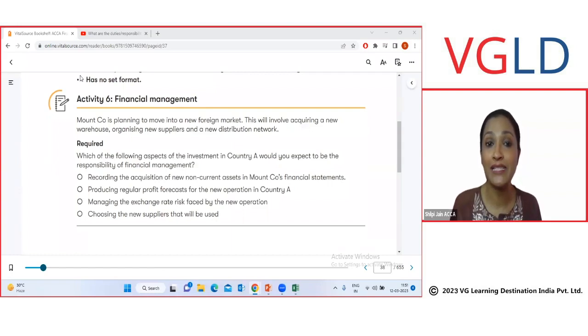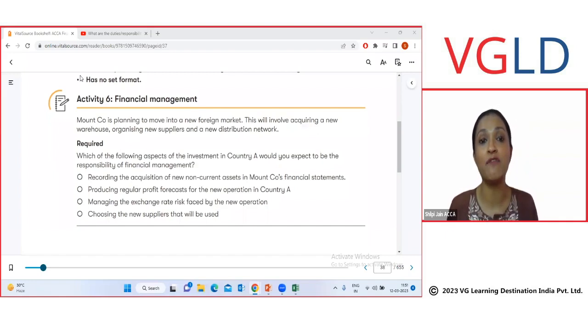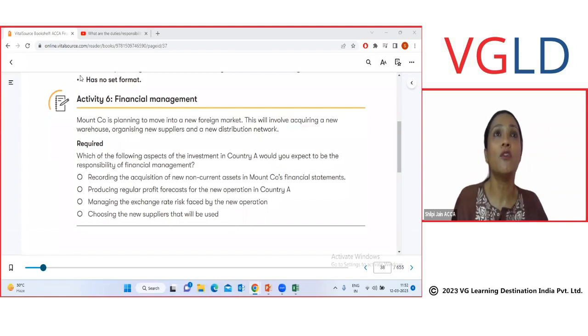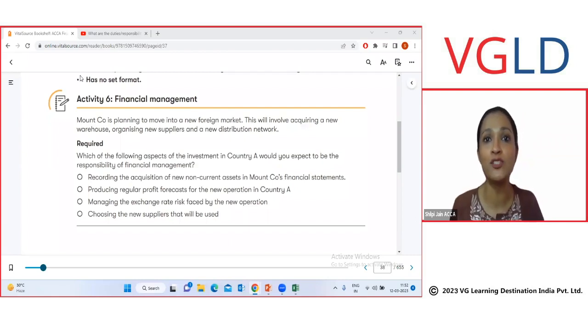Remember the question. What is the question asking you to do? Your role, your key responsibility as a finance manager here, not as a director. Had you been put in the place of a director, then probably one of your key KRAs would be to make sure that regular profits are coming in from this business. But now as a finance manager, your role is to make sure that whatever foreign exchange fluctuations you're facing because of this foreign investment that you've done, that is kept under the belt.